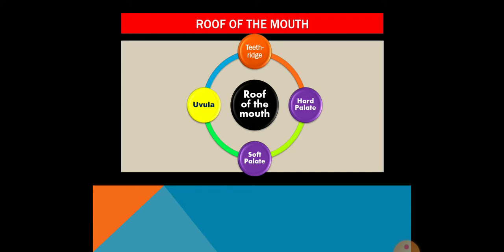Then come to the next, soft palate. It is located between the pharynx and the hard palate. It controls the airflow into the nasal cavity. That is what we call the soft palate.